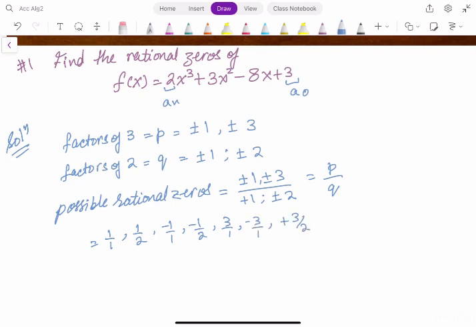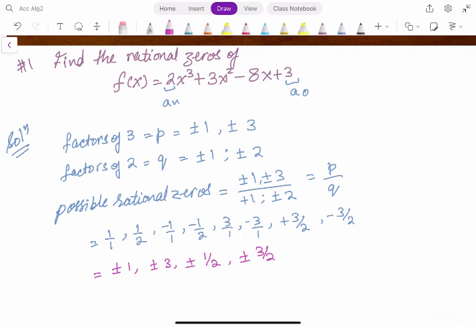And after writing all the possible combinations, we can eliminate the repeated factors. So when you eliminate the repeated factors, you will be left with plus minus 1, plus minus 3, plus minus 1 half, and plus minus 3 half.